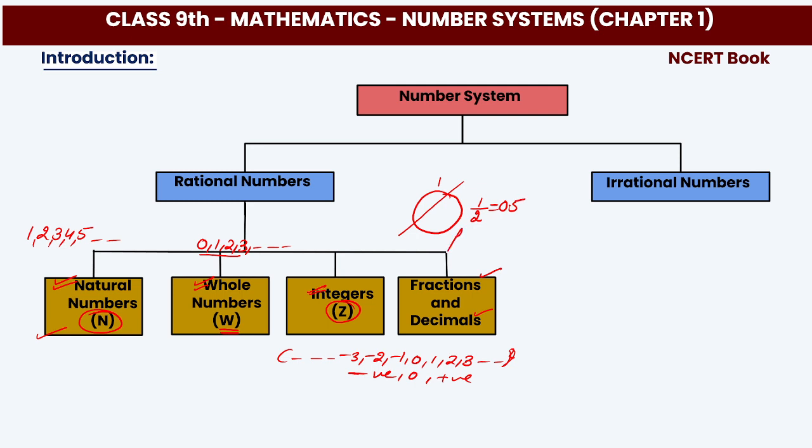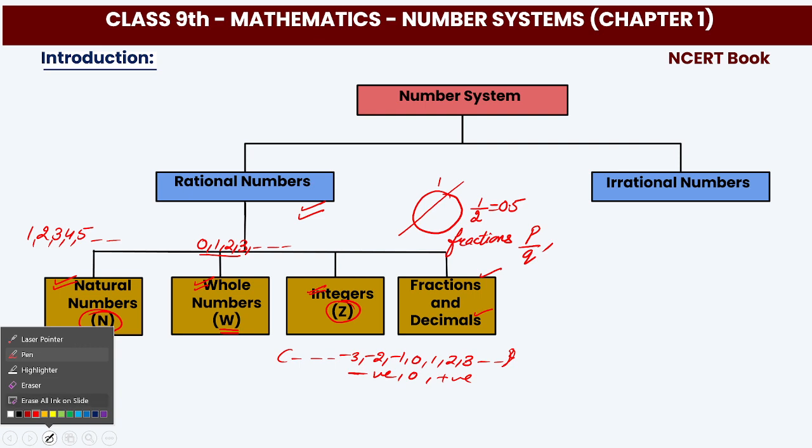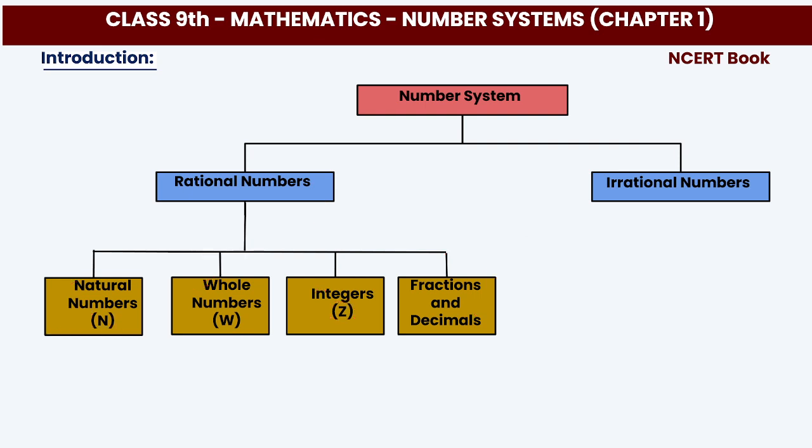So all the numbers which are fractions, in the form of p by q, and decimal numbers also, all these combined numbers form rational numbers. ये सारे के सारे नंबर क्या बनाते हैं? रैशनल नंबर.